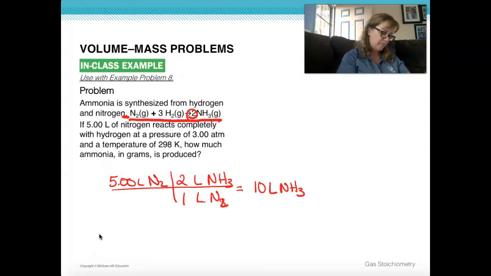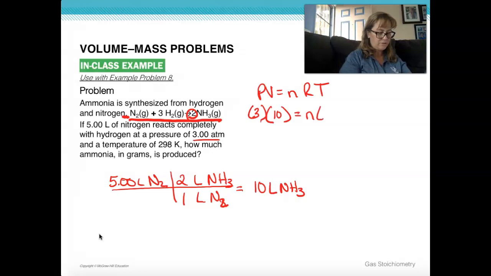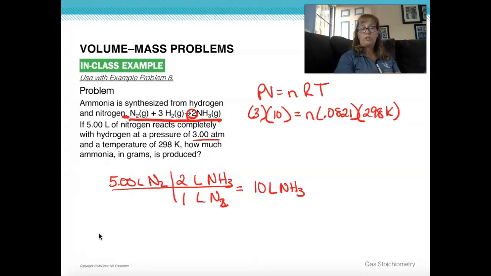So let's try it. PV equals nRT. What's our pressure? 3 atmospheres right here. What's our volume? Well, we calculated it's 10. We're trying to find moles. Our R, because we're dealing with atmospheres, is 0.0821, and our temperature is 298 Kelvin. There we go. So you're just going to use algebra to solve for n.